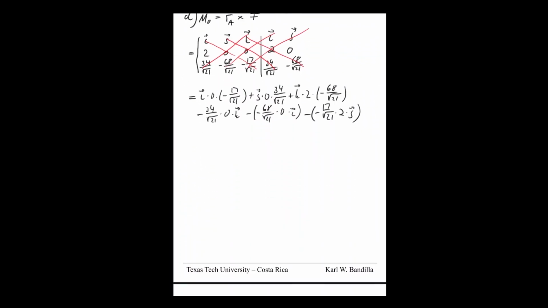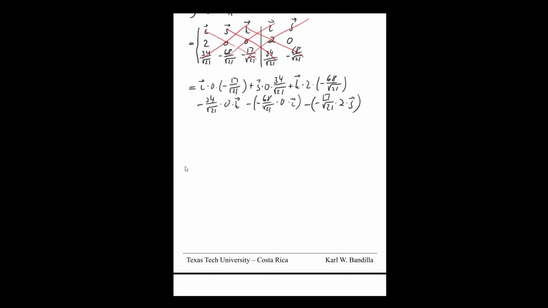All right, let's see what we get then. We get that i is 0, that j is 0. We have a k. Do we have an i? We don't have an i. All the i's are 0, so I'll write that in. That j is 0. This one is not 0. It is negative. Negative is plus. 17 times 2 is 34.